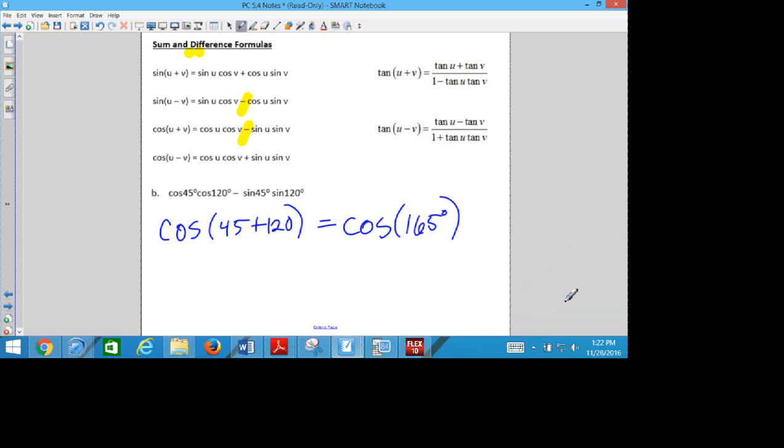What does it mean if I don't put the degree symbol? Radian. It means radian. So you need to put the degree symbol for this degree. You can put the degree sign on the 45 and the 120, technically you should, but I was being lazy. Make sure you have it in your answer, because I'll mark it wrong if it's not in your answer.